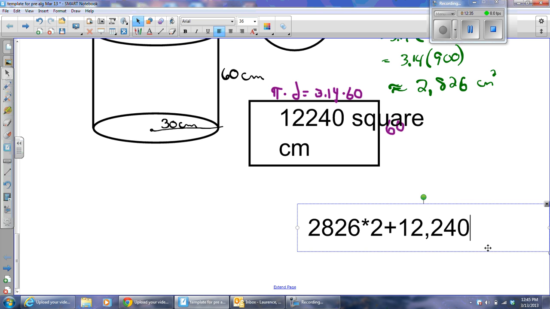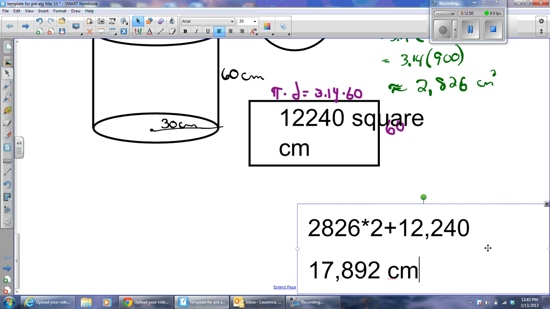Hold on one second. 12,240 plus 2,826 times 2, I'm going to end up with 17,892 square centimeters. All right, so that's it.